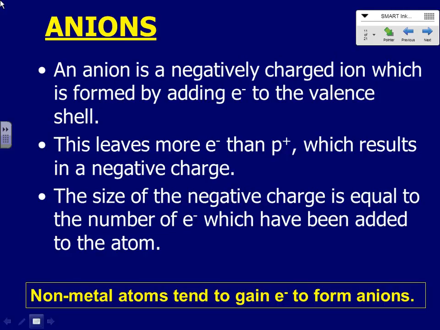Now I'm going to go through anions a little quicker. They're very similar, except now we're adding electrons. An anion is negatively charged, formed by adding electrons to the valence shell.